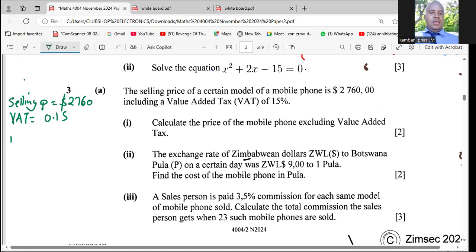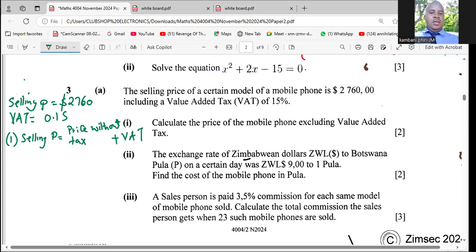For us to get the selling price, we are going to say price without tax plus VAT.